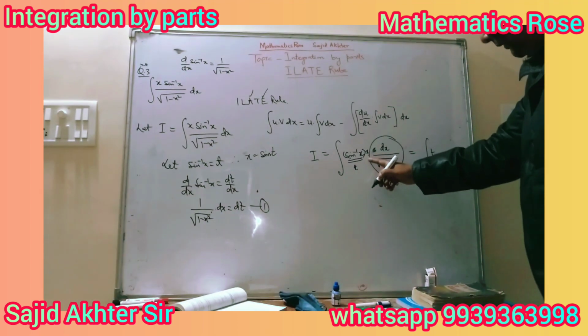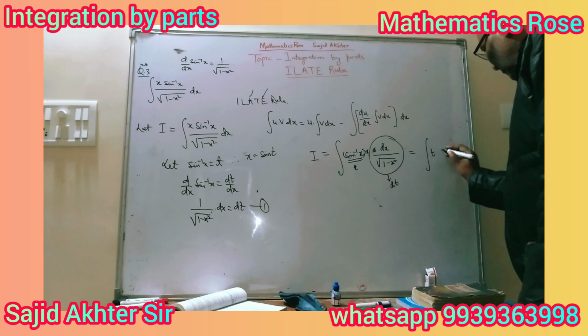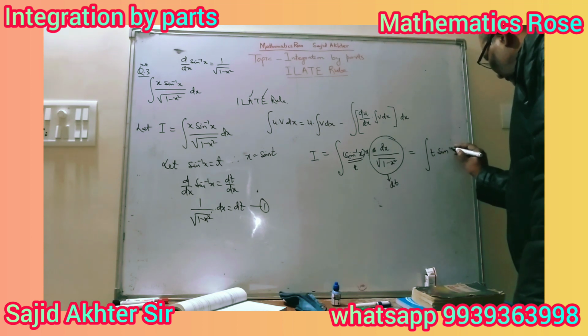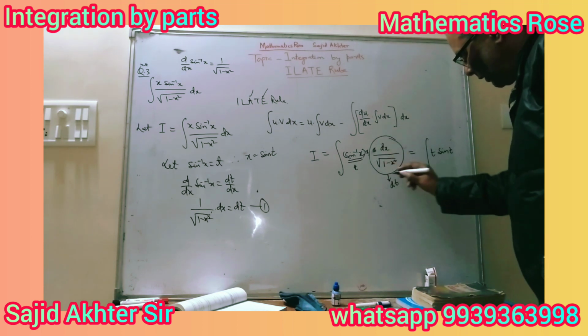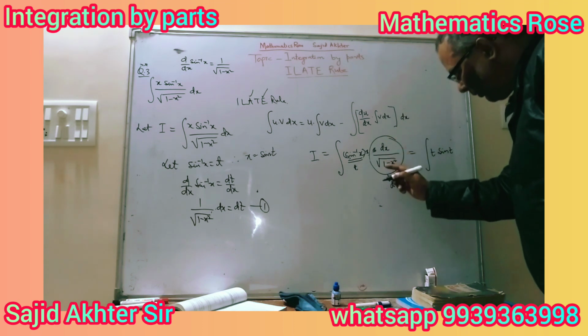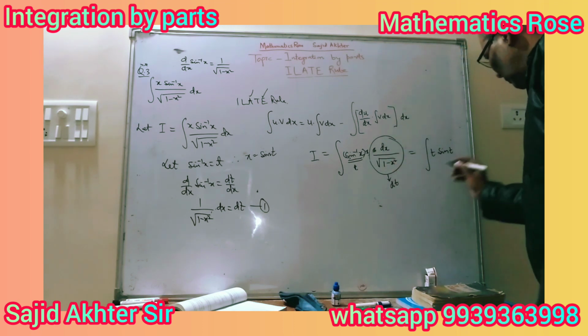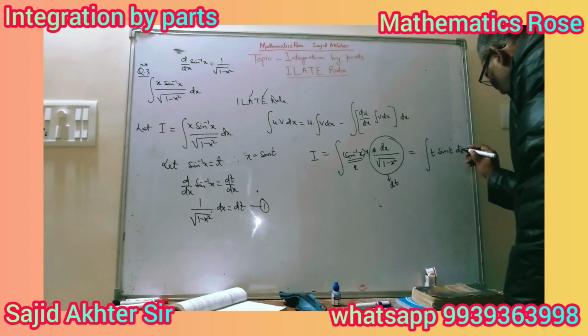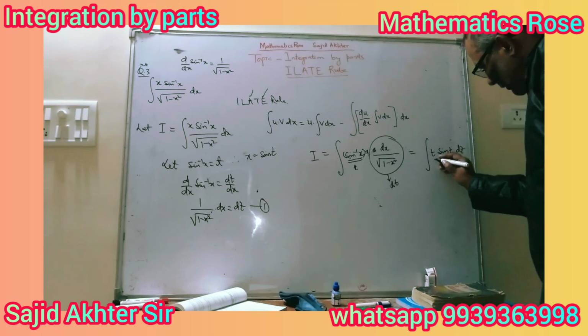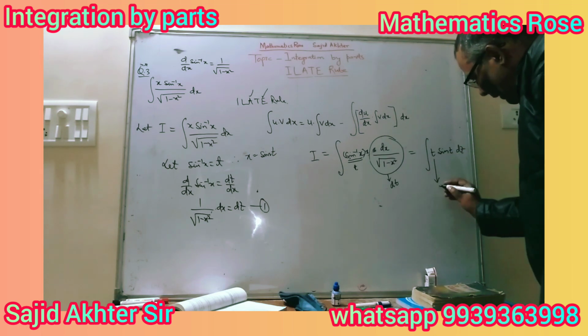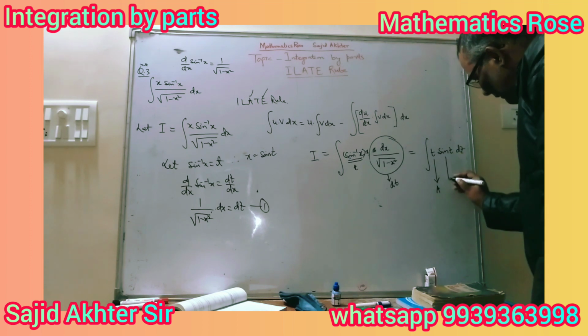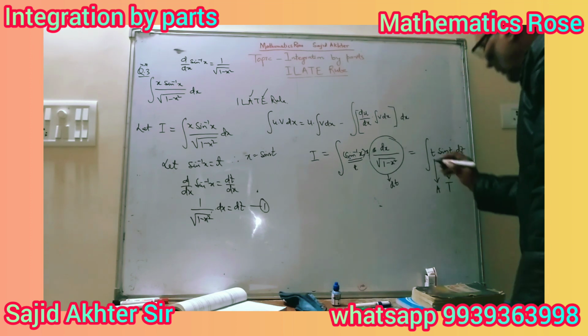So in place of this x we will substitute sin t, and this is equal to dx upon root under 1 minus x square, which is equal to dt. Now, which type of function is this? Algebraic function. And this is which type? Trigonometric function.